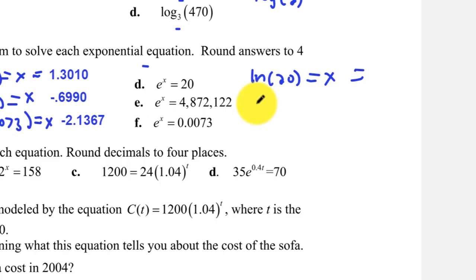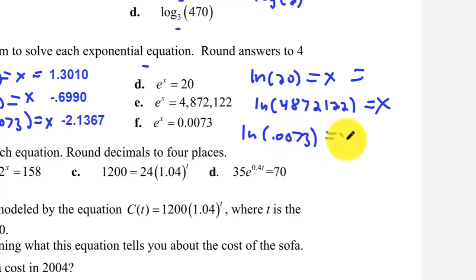And then for E and F, I would write ln 4,872,122, this is a big number, that equals x. And then the one on the bottom would be ln 0.0073 equals x. And again, I have to enter this into my calculator to get the answer. Okay, so let's do that.